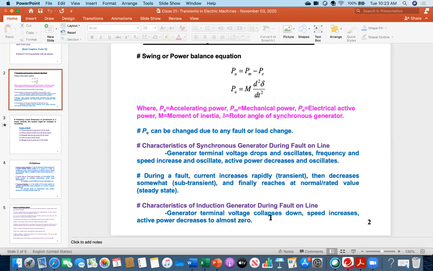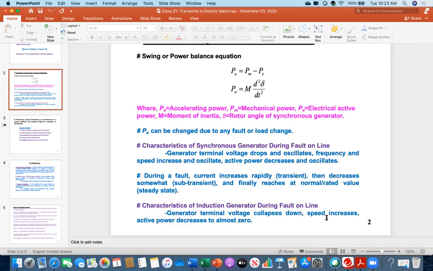But in this situation it is collapse down. Collapse down means it reduces so much that it became almost zero. Fully collapsed voltage. There is no more voltage. So this situation is more severe than this situation. And then here I said that frequency and speed increase and oscillate.